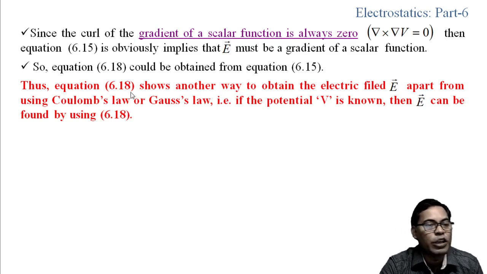Therefore, equation 18 shows another way to obtain the electric field E apart from using Coulomb's law or Gauss law. That is, if the potential V is known, then electric field intensity E can be found by using expression 18.